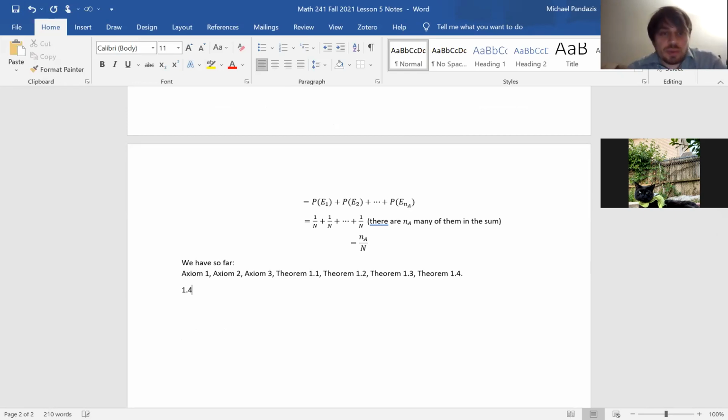Okay, so 1.4.4 is on the assignment of probabilities to key events.